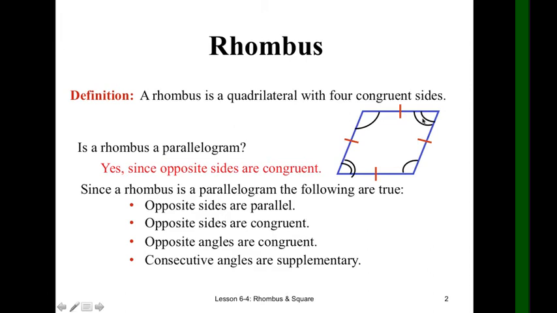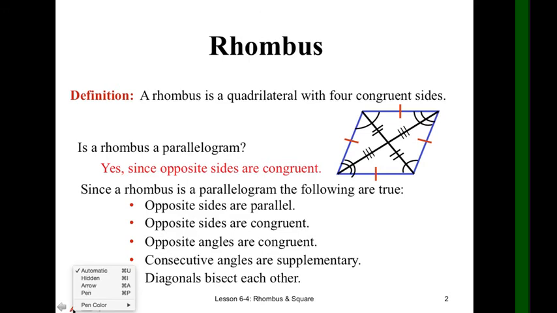Kapag sabing supplementary, that's equal to 180 degrees. And diagonals bisect each other. So that's it. Meaning to say, when you say bisect each other, they form two equal ratios. So we have this segment, okay, at saka yung segment na ito ay equal.